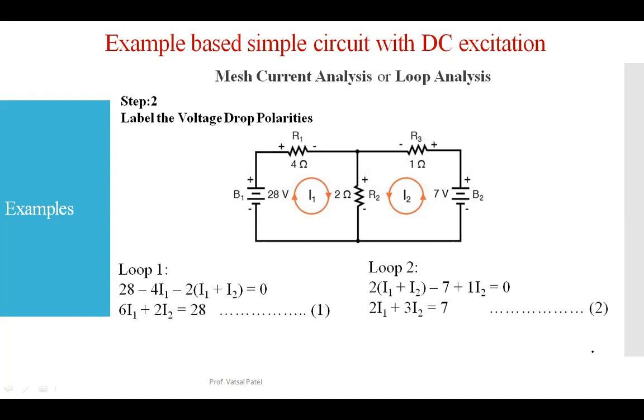One thing you have to remember is that in mesh analysis, how many equations there are depends upon how many loops you have assigned in the example. Right now in this example, only two loops are given. So we can identify two equations, equation number one and equation number two here.